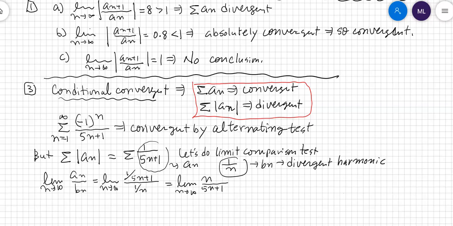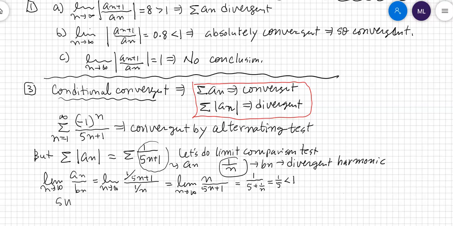Okay, this is 1 over 5 plus 1 over n, which is 1 over 5, less than 1.